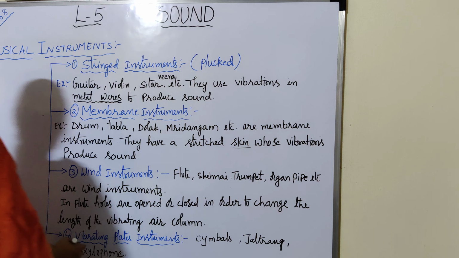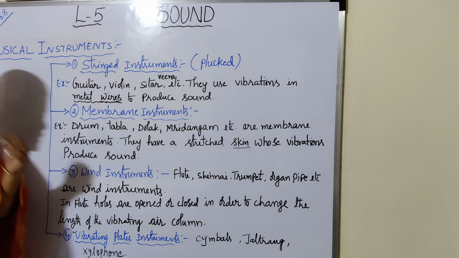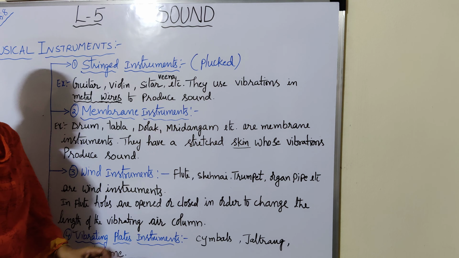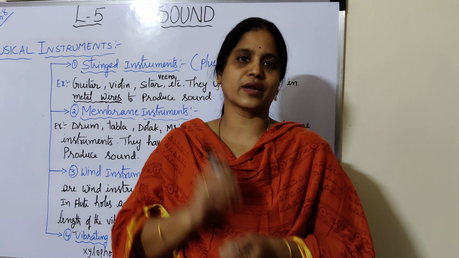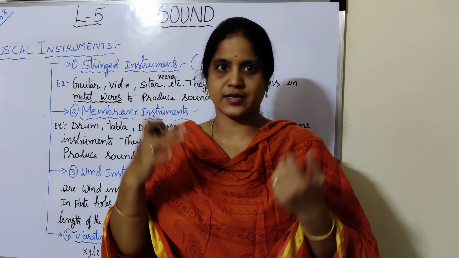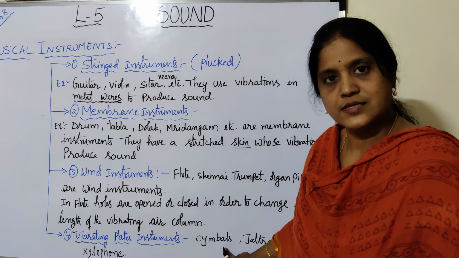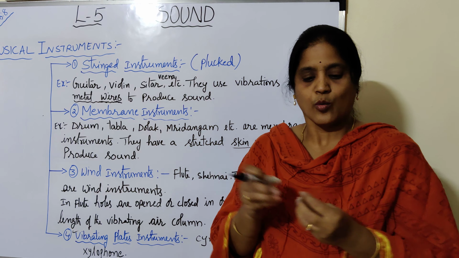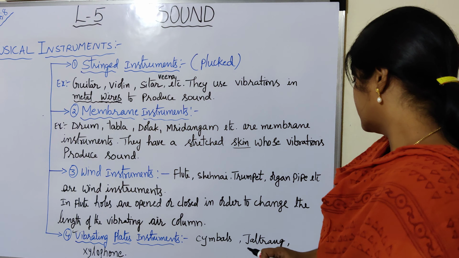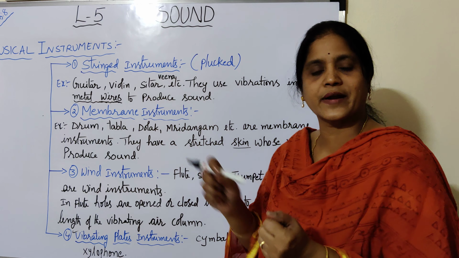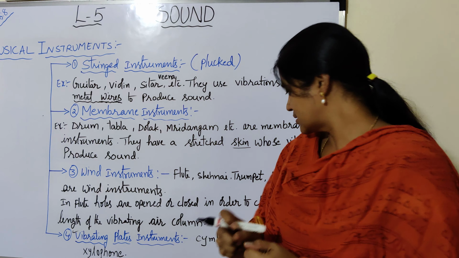Next, the last one is vibrating plates instruments. We have to take metal plates. For example, in bhajans and kirtans, we use them while singing Hare Rama. Those plates we call cymbals. They are made of metal plates.